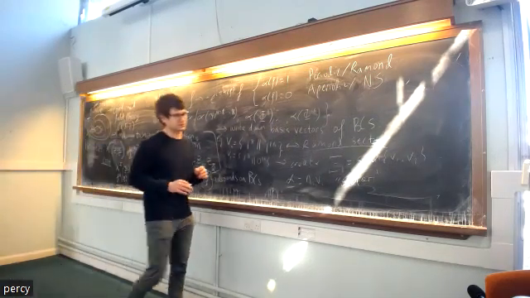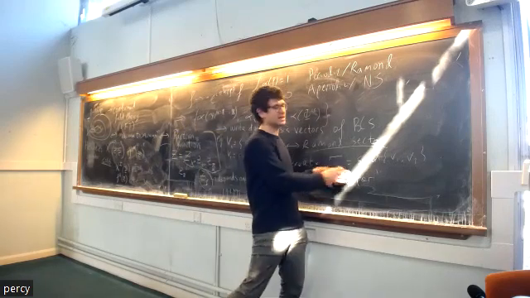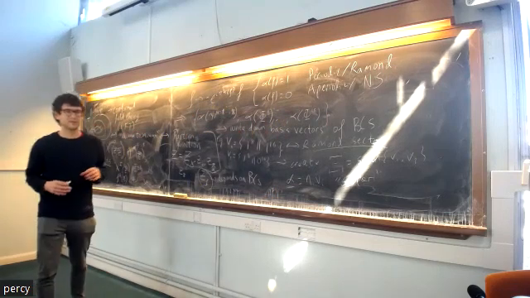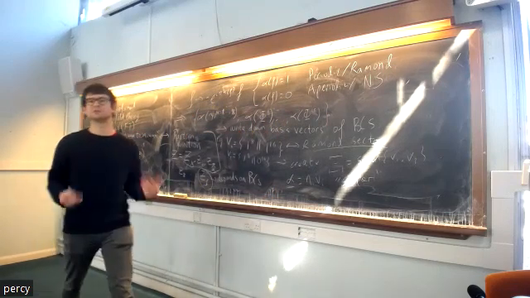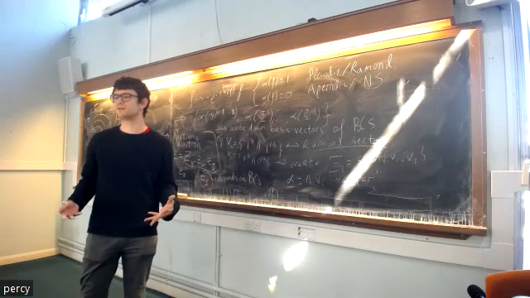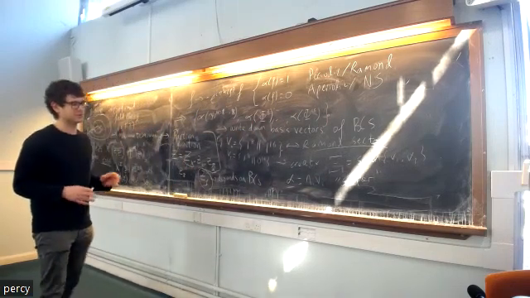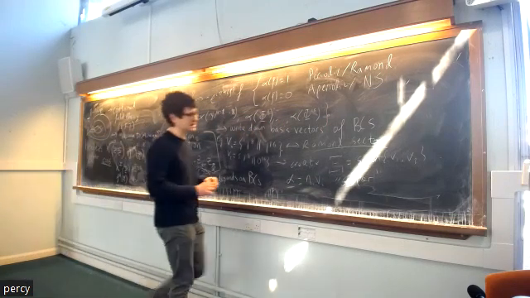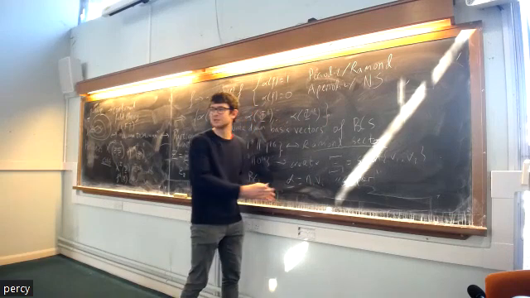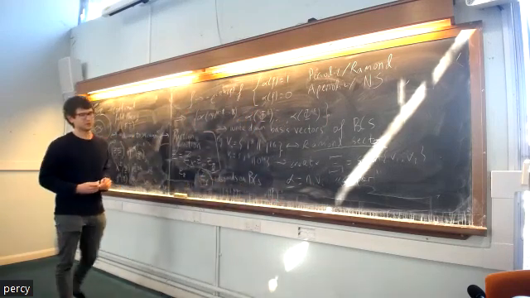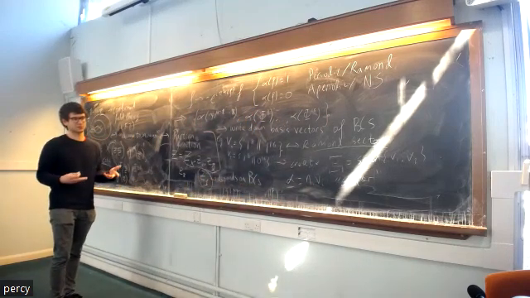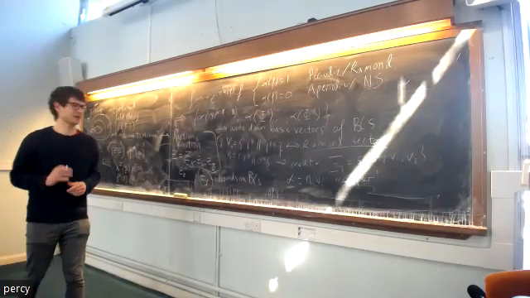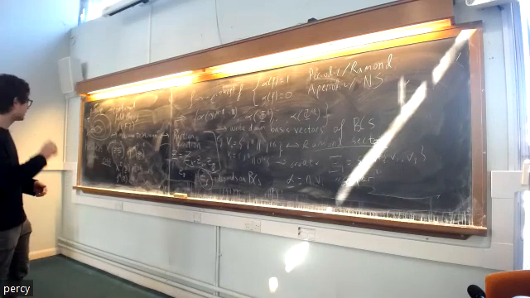But I'm just going to call a sector any linear combination of basis vectors. It might turn out that it doesn't really correspond to a physical state in the theory at the end of the day. But that's just my definition of it. Any linear combination of these basis vectors will be called a sector, and it will correspond to a possible state in the Hilbert space. And I'll just define now what I mean by that.